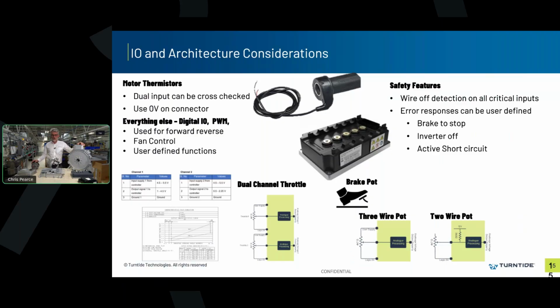We support 3-wire pots, 2-wire pots, so the options for configurable system support are very flexible. Wire off detection on all of the analog inputs is a critical part of system design in terms of functional safety, even at a very first level. So there's many options in terms of the I/O architecture and considerations there as well.